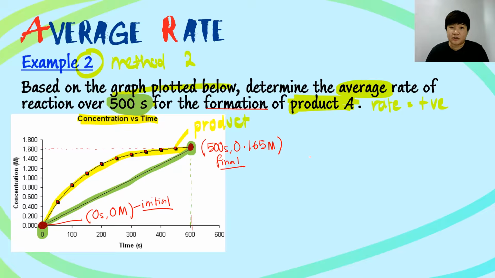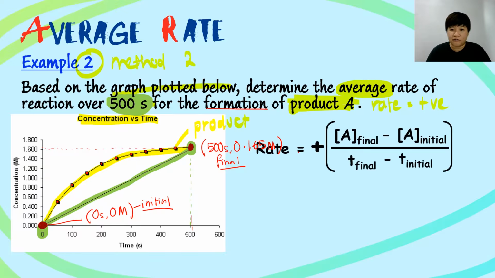Next, we are going to write the formula of rate. The rate here is positive because it's a product: concentration A final minus concentration A initial, over time final minus time initial.